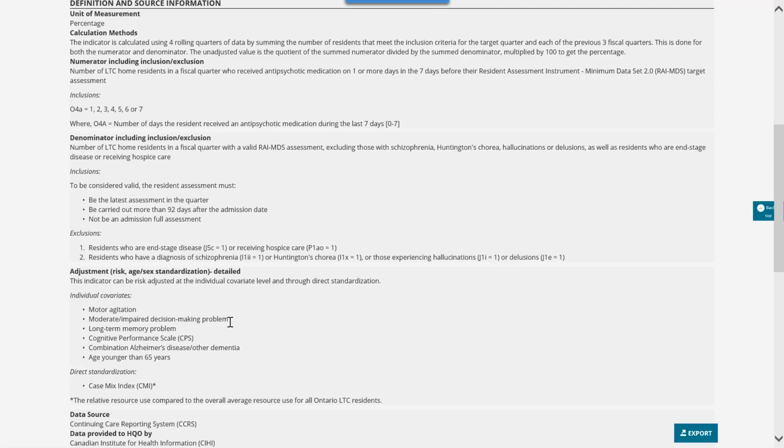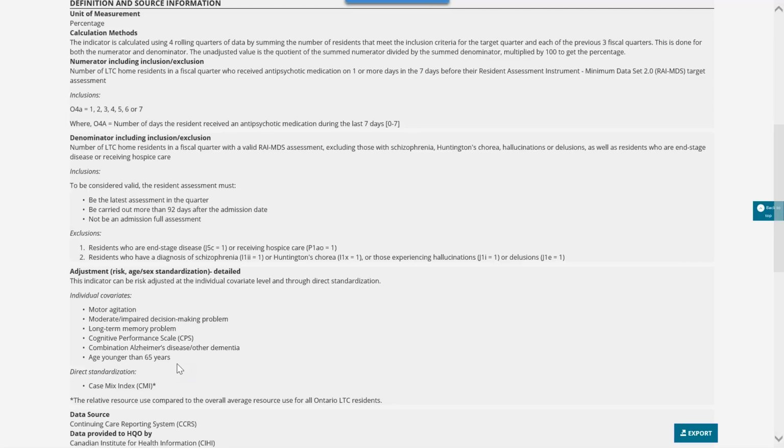There's another one called moderate impaired decision making, long-term care memory problems, and the cognitive performance scale comes into this also, the antipsychotic indicator, a combination of Alzheimer's or other dementia, and also people under the age of 65. So these are used to predict what your antipsychotic rate would be, given that you have these factors involved.